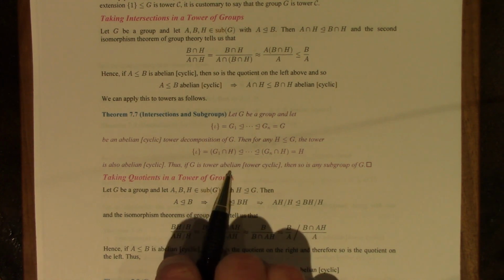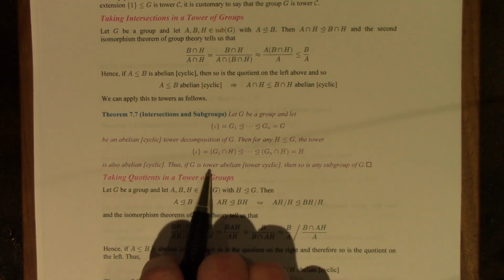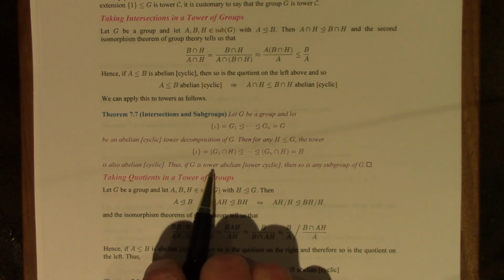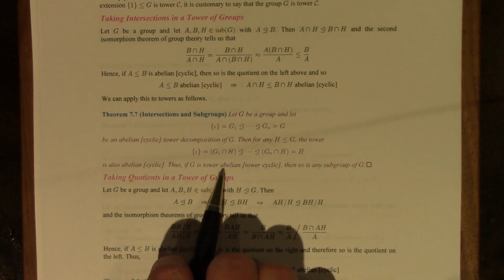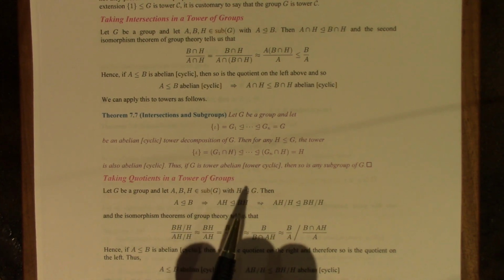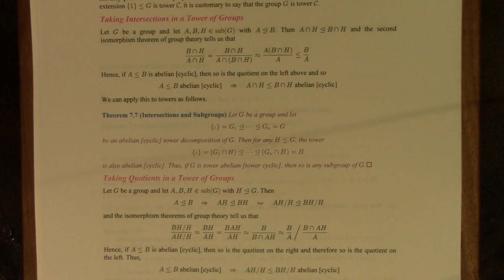But this is more descriptive. It tells you that G has an abelian tower. Solvable doesn't say that immediately. So I prefer this term for now. At the end of our discussion, I'll revert to the term solvable. Okay.